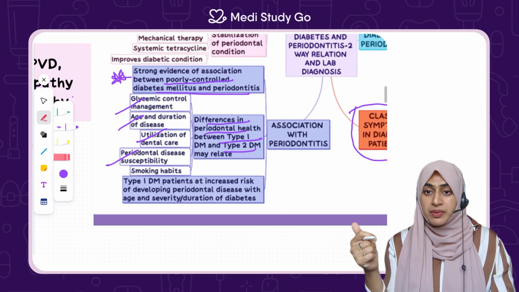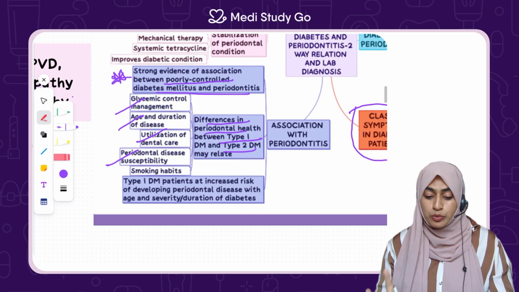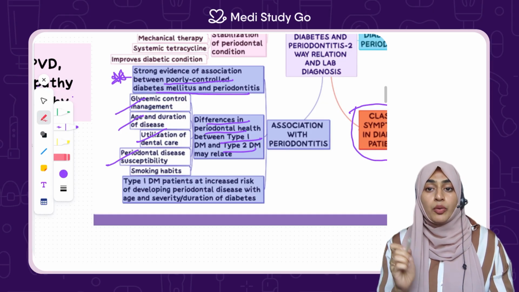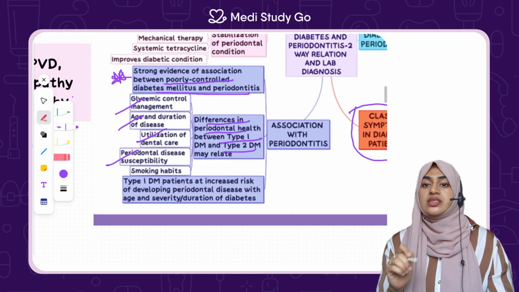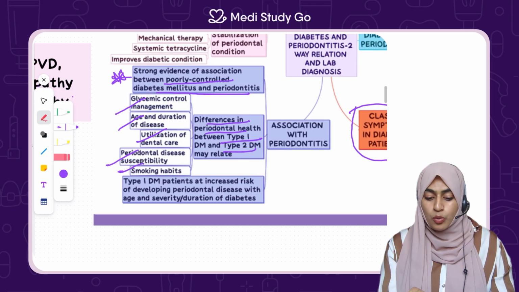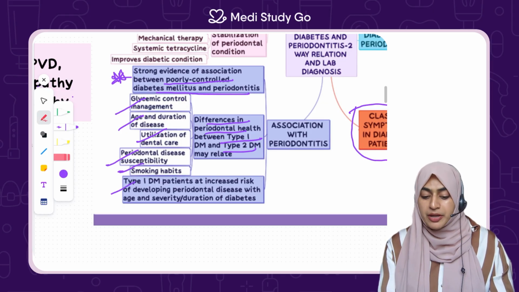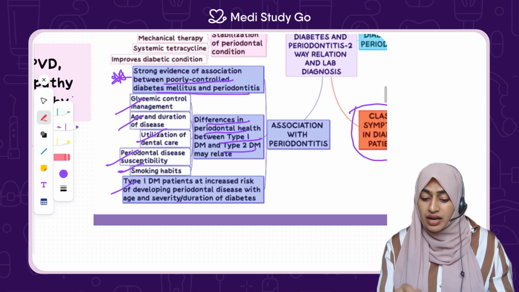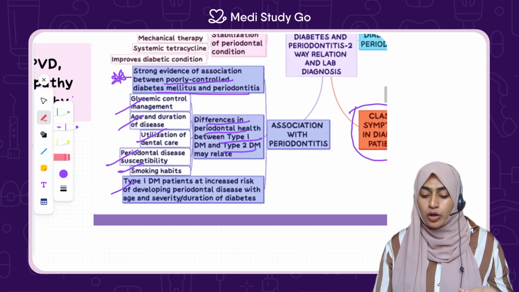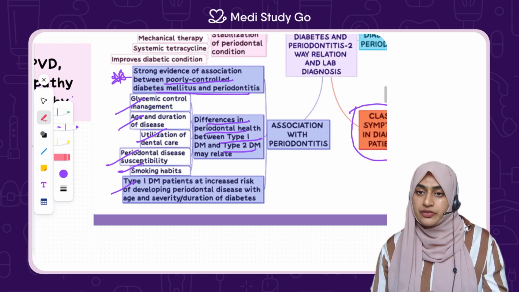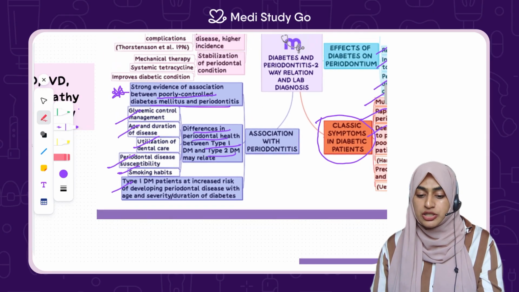Periodontal disease susceptibility is seen in both type 1 and type 2 diabetes, and a confounding factor that adds to this condition is smoking. Type 1 DM patients, that is diabetes mellitus patients, are at increased risk of developing periodontal disease with age and duration of the disease.